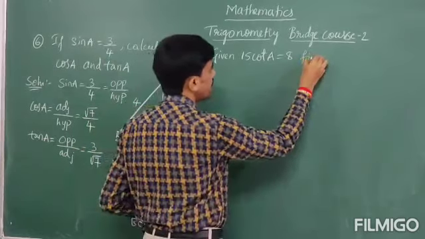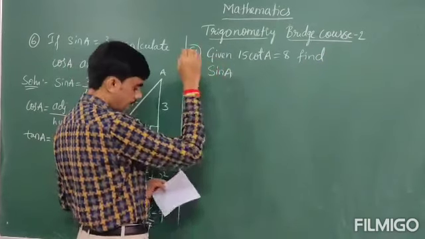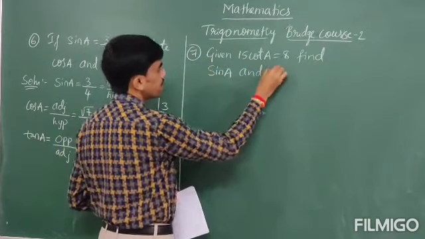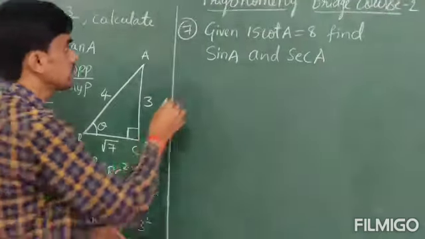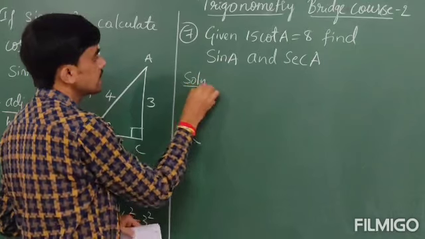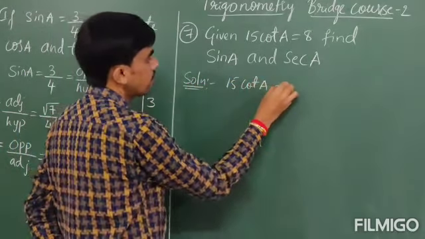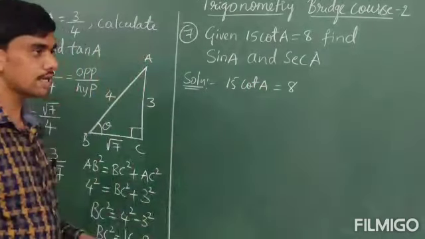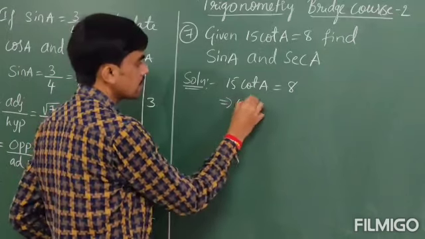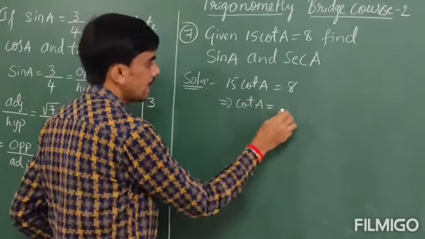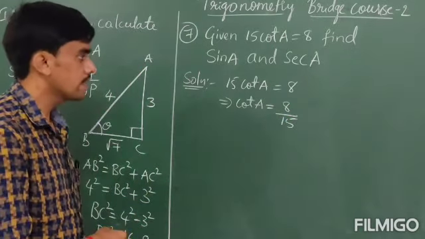We have to find the value of sin A and secant A. So the solution: they have given that 15 cot A is equal to 8. Then cot A can be written as 8 by 15.